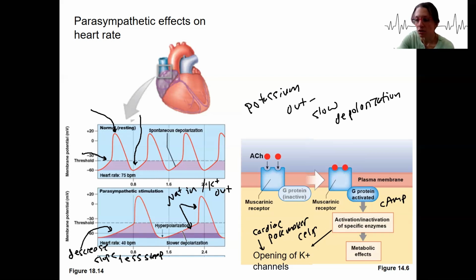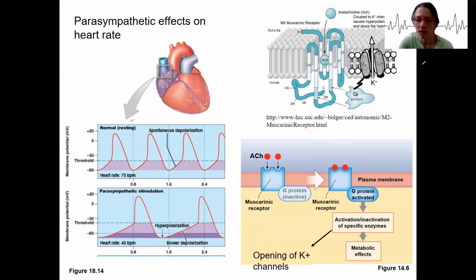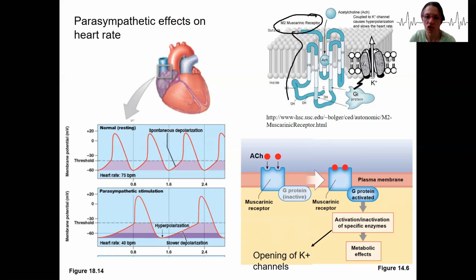You don't need to know this structure here, but this is a nice visual that shows one specific mechanism for the opening of the potassium channels. So this is our muscarinic receptor, same one that's shown here, activating a G protein, just like down there. That G protein can cause the opening of a potassium channel.